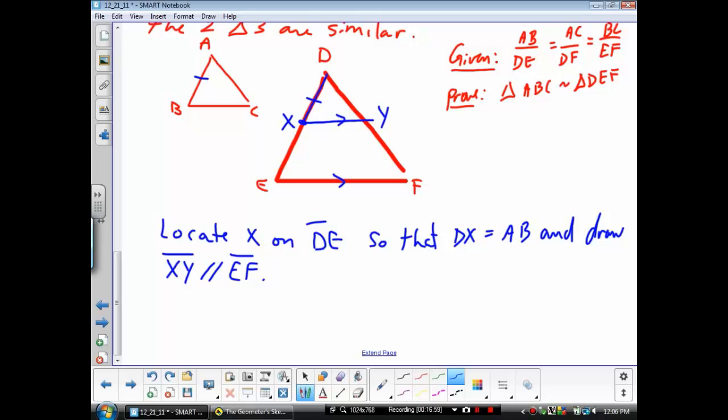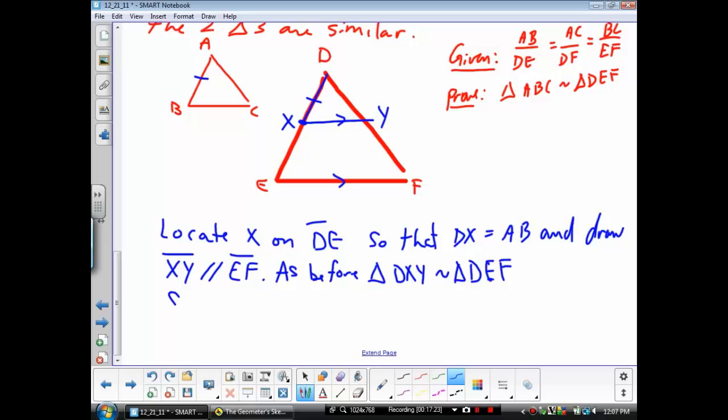As before, triangle DXY is similar to triangle DEF, which means all their corresponding sides are proportional.